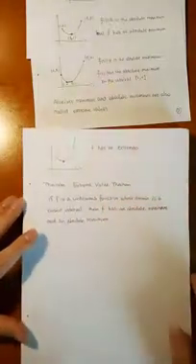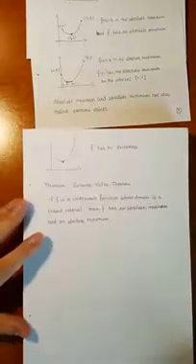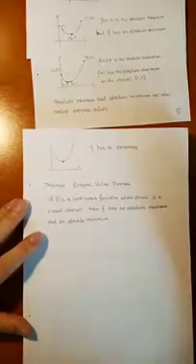If you have a continuous function over a closed interval, then you will have an absolute maximum and an absolute minimum.